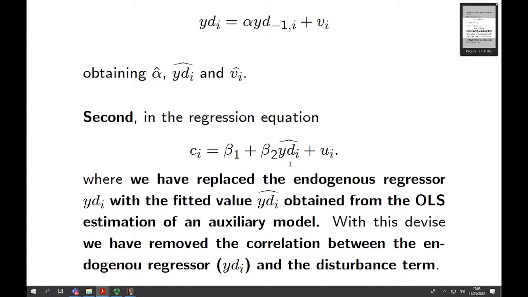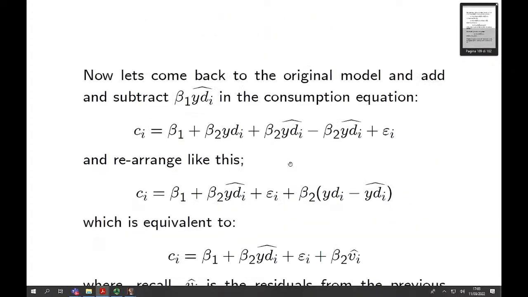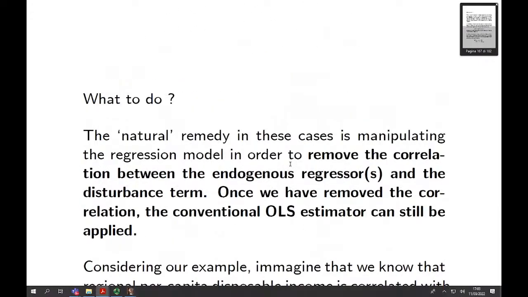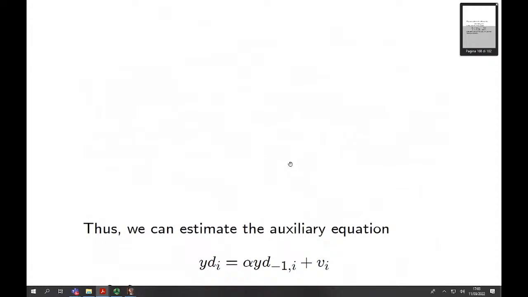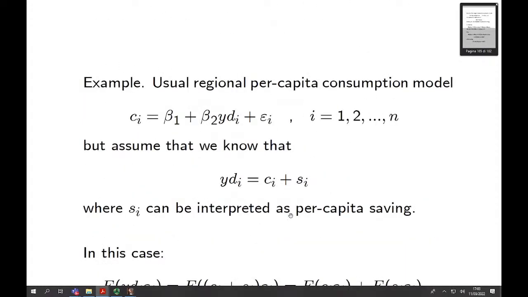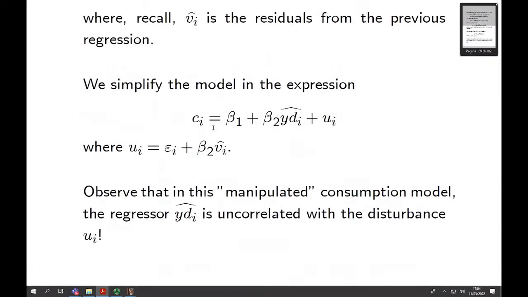So imagine that I come back to my original model, this one, and I estimate beta 2 by OLS, okay? And I get some number. I do my transformation, so I do OLS now in this manipulated model, and apply OLS in this second model.